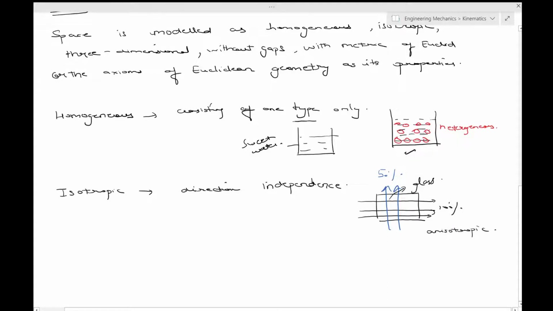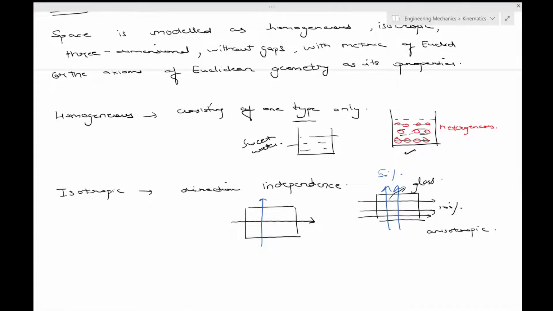or anisotropic. However, if you had the other case in which no matter what direction you choose, this piece of glass would always allow 100% of the light to pass through, so the intensity would not reduce at all.